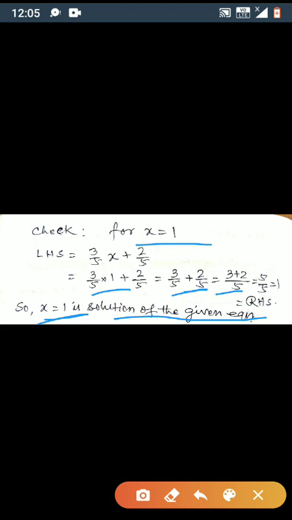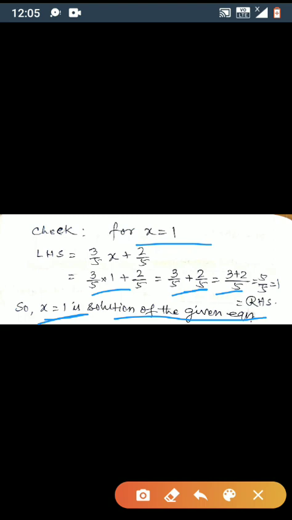Non-zero number means we cannot multiply or divide by 0 on both sides. So always remember we can multiply or divide by a non-zero number, that is the value of x does not equal 0.